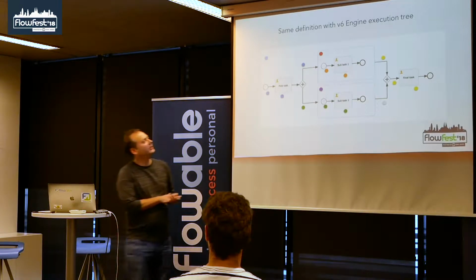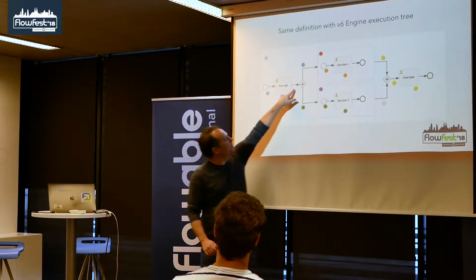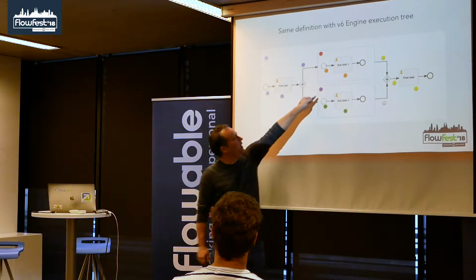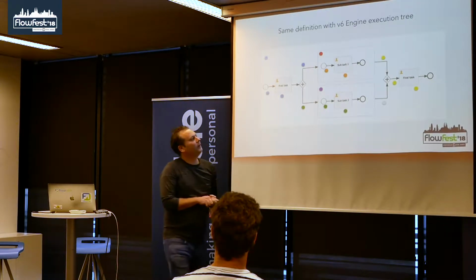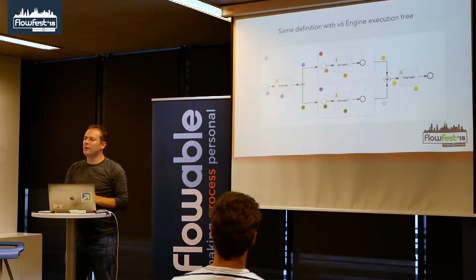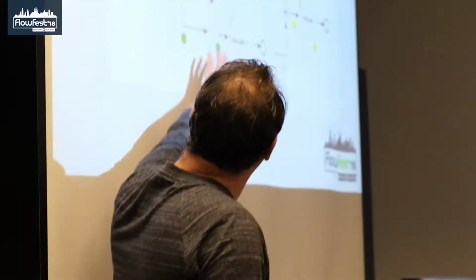So the first one just continues here, and a new green one is created. And when we enter the subprocess scope, again, a new execution is created. So we keep the scope of that embedded subprocess really clean from the actual execution within that subprocess.